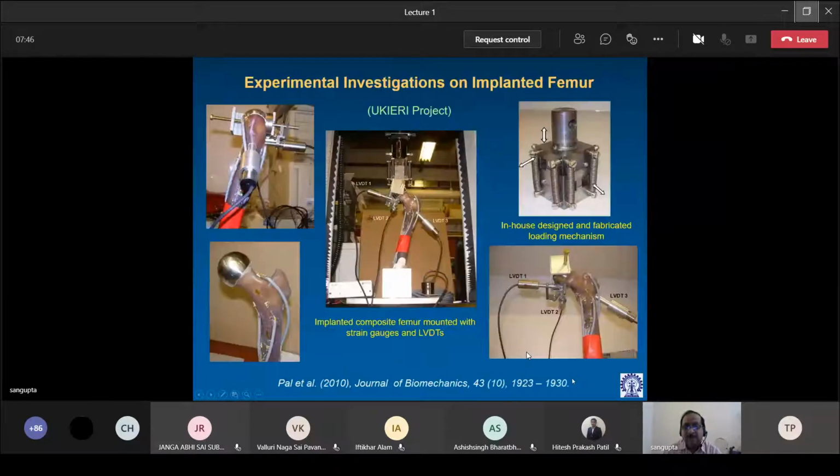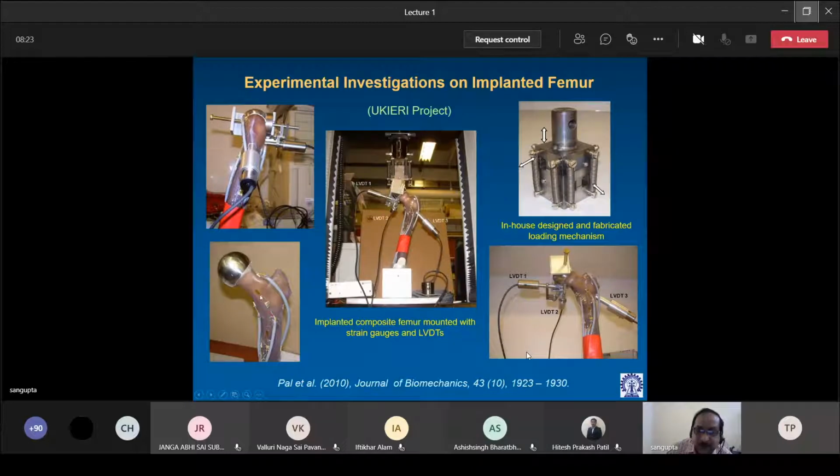Now we had also performed experimental investigations, basically to validate the results that are predicted by computer simulation. And you can see that this is performed on a synthetic bone, an artificial bone.